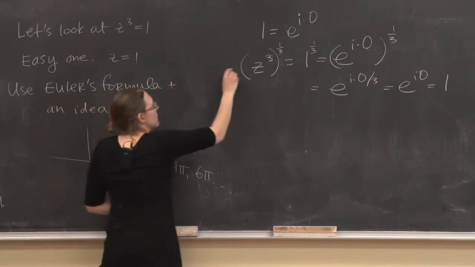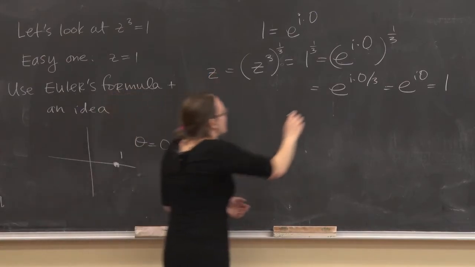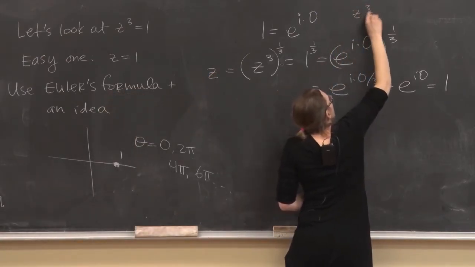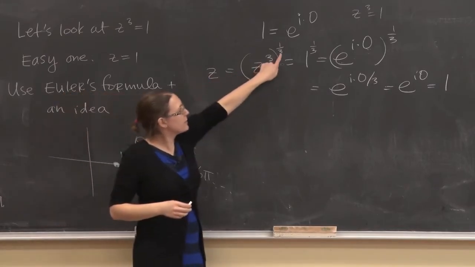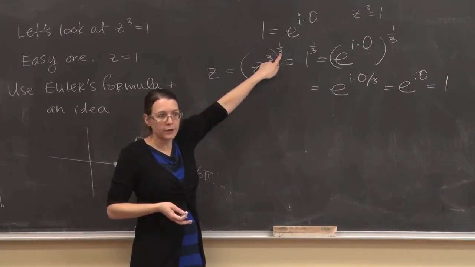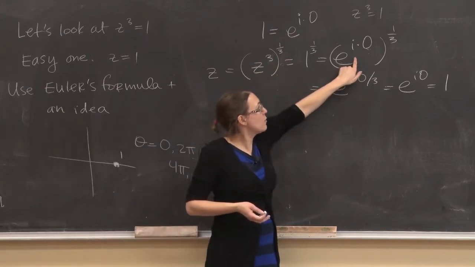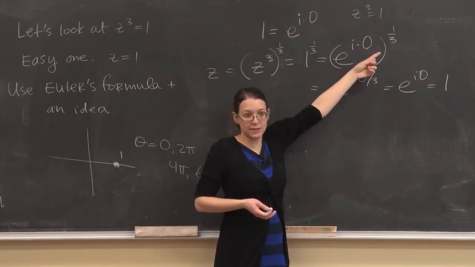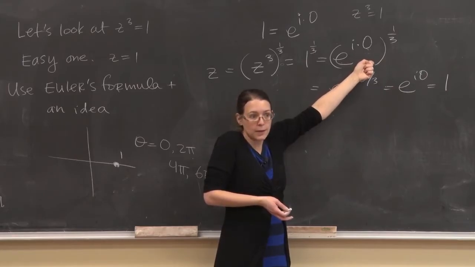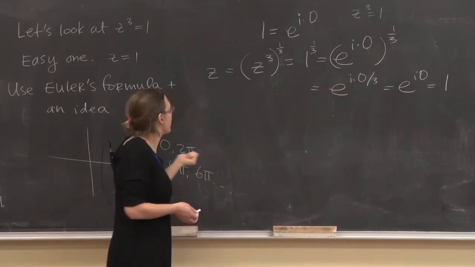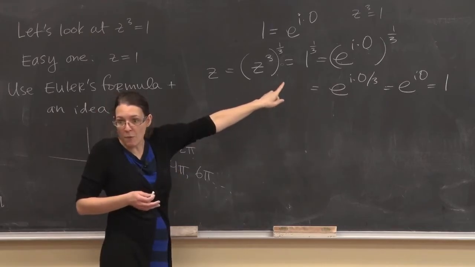If I have z cubed is 1, the naive way to solve it is to raise both sides to the 1/3. And when I write 1 like this, it's easy to raise it to the 1/3, because exponent laws multiply exponents. That gives me 1 answer. But that's not the only way to write 1.